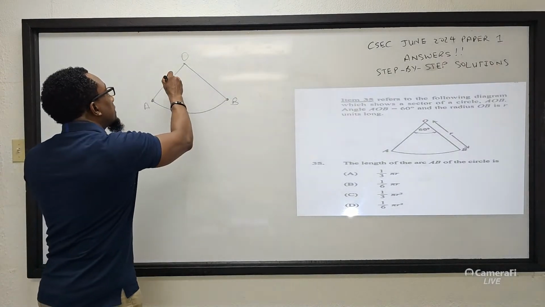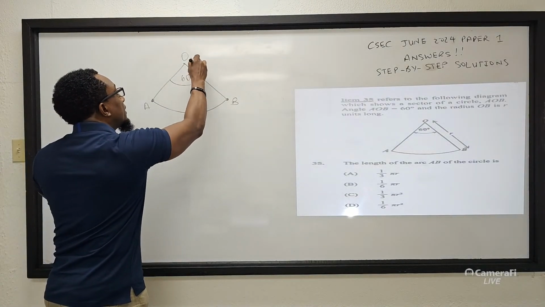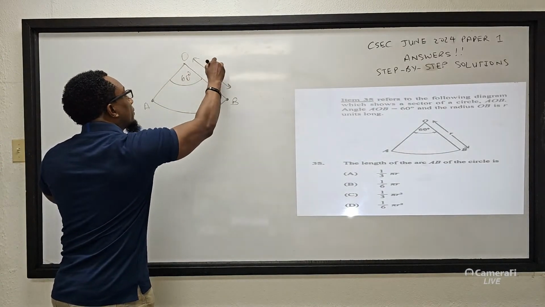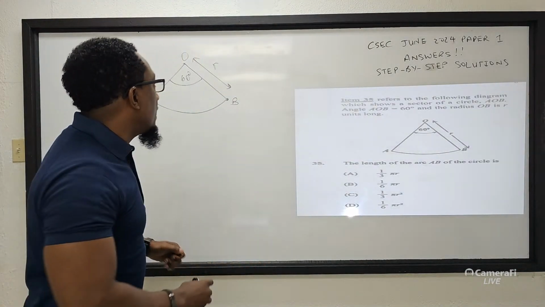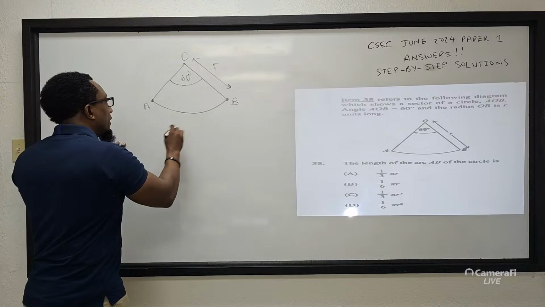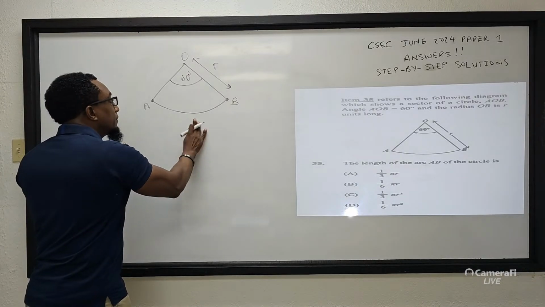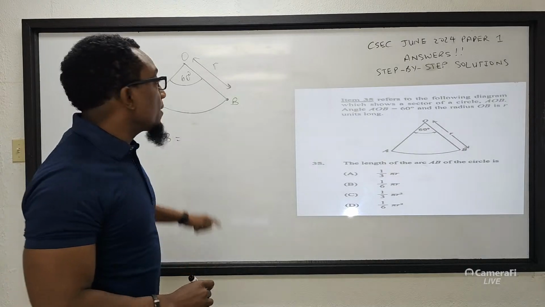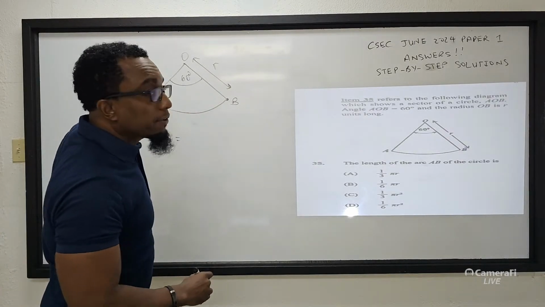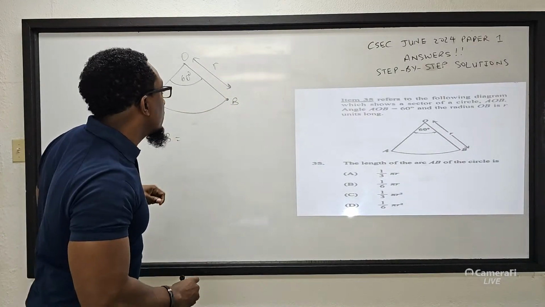This is 60 degrees, and this is your radius r. So the length of arc, let's call it L, the length of arc AB, is a fraction of the entire circumference.